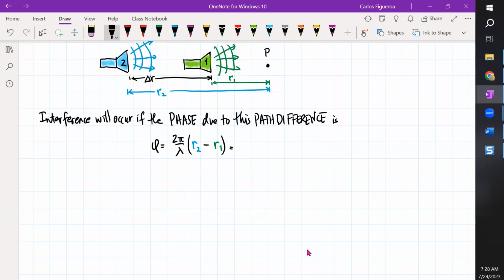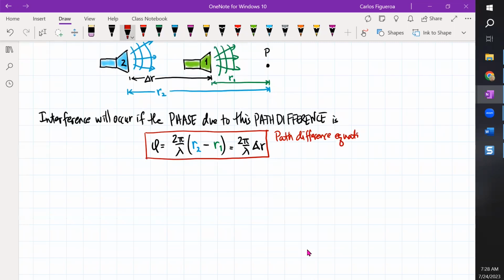This is typically written with delta R like this. Now, this is an important equation. This is what I call the path difference equation, maybe I should call it the phase path difference equation. This one is very important, so you want to understand it well.